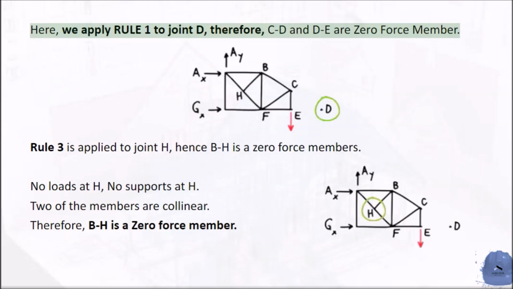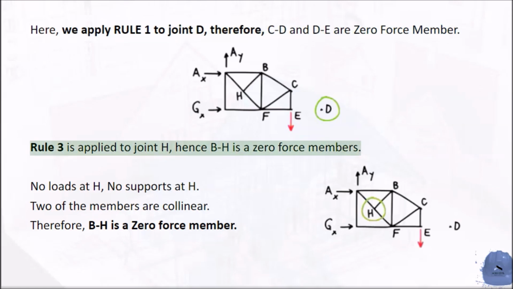Here, we apply Rule 1 to joint D, therefore, CD and DE are zero force members. Rule 3 is applied to joint H, hence BH is a zero force member. No loads at H, no supports at H. Two of the members are collinear. Therefore, BH is a zero force member.